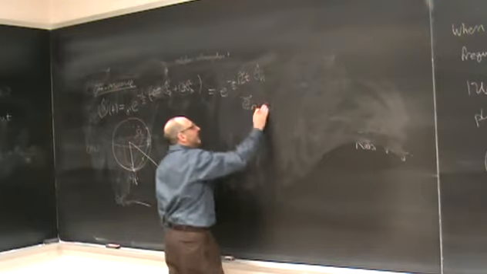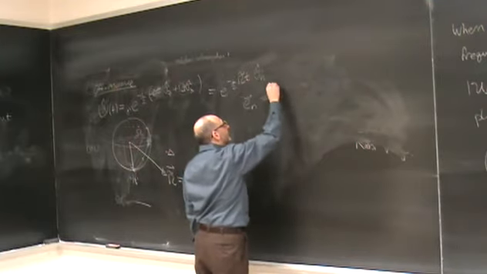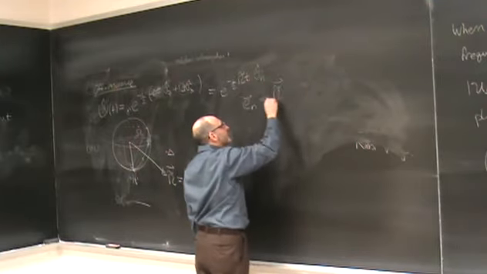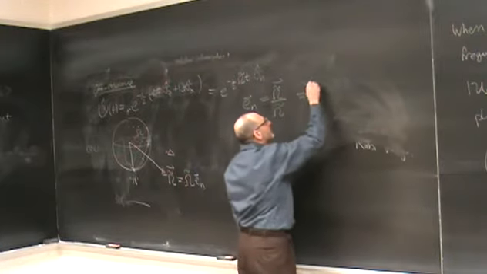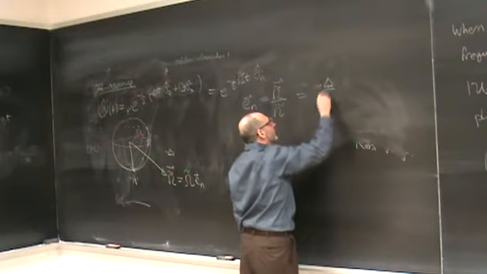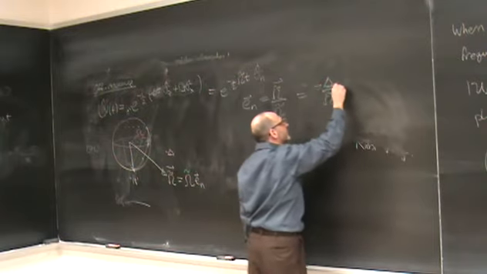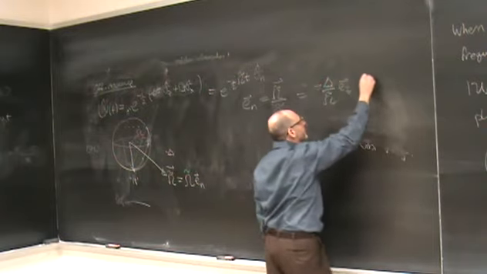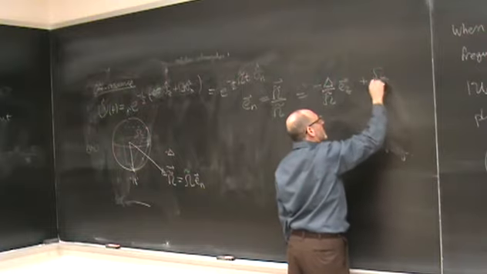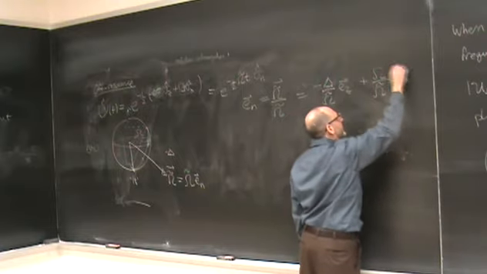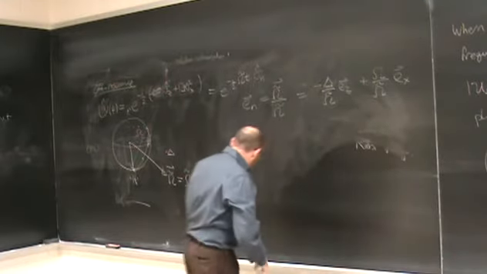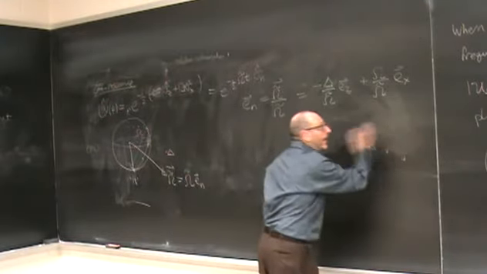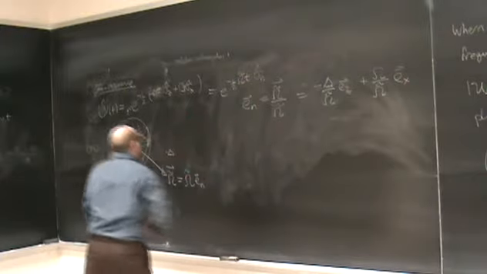That direction is the vector over its magnitude, which is minus delta over the effective Rabi frequency in the z direction plus the bare Rabi frequency over the effective Rabi frequency in the x direction. Okay? So we can now solve this problem.